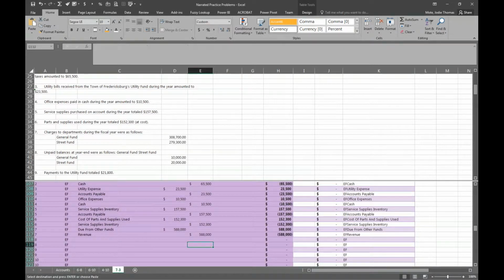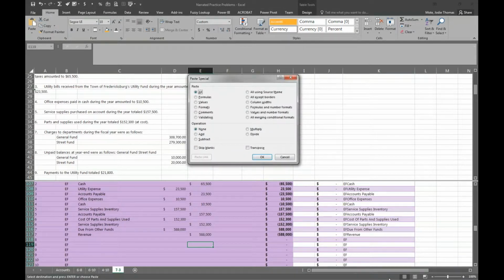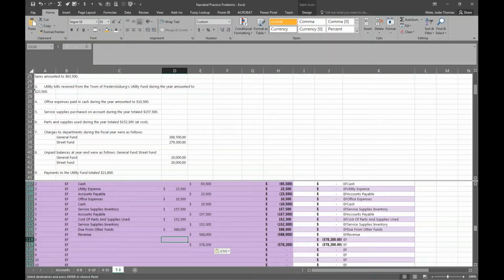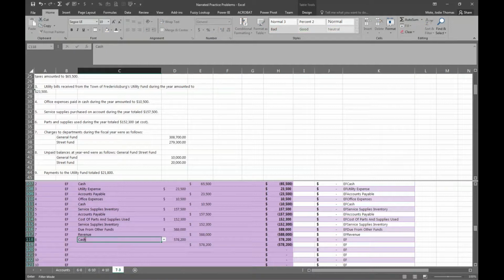It's going to be our credit to accounts receivable, so we'll put it on the second line of the entry. I always like to paste values just to make sure I'm all right. So we know our debit is also going to be 578,200, and it is cash that we received. And this is going to be our receivable account, due from other funds, for 578,200.